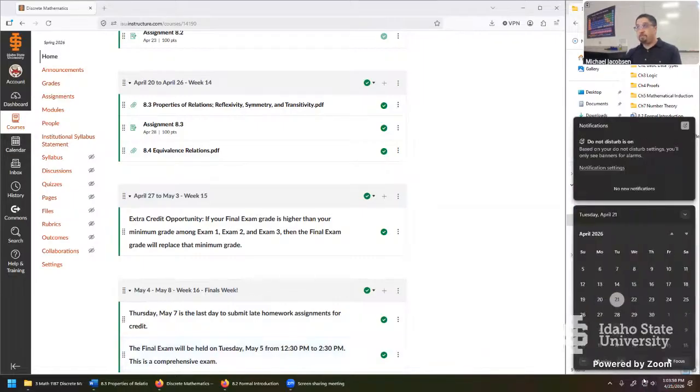But I'm going to set this up pretty much the same way we've been doing for all of the exams in this class. It's going to be open between the 4th and the 7th, and that's really for everybody. So if the in-person section would like to take the exam in class at that time, I'll be here for the 2 solid hours. Even if no one shows up, I'll probably still be here, probably just grading something.